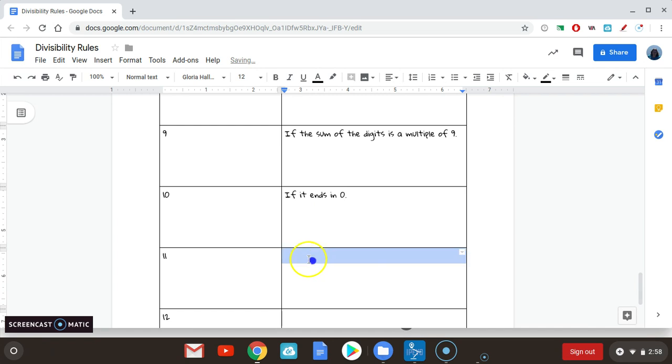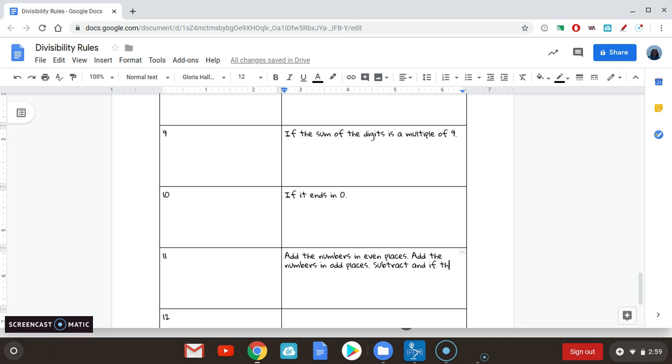If we take a look at 11, 11's my other wonky rule. Add the numbers in even places. Then you're going to add the numbers in odd places. So I'm going to add every other number for even, add every other number for odd. And then I'm going to subtract.